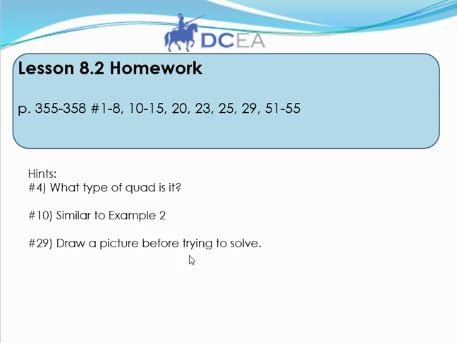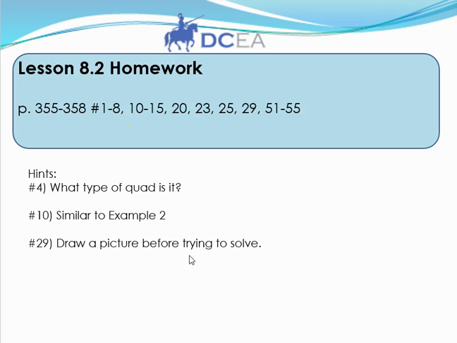Lesson 8.2 should be fairly straightforward. Most of the questions are definitions and or drawings. The drawings will take you a little while, so give yourself a little bit of time. And just some hints.